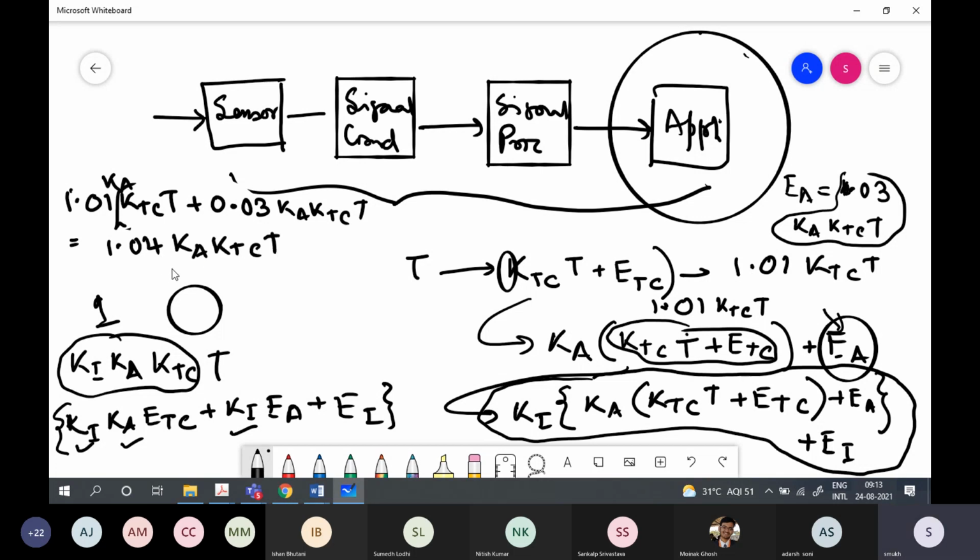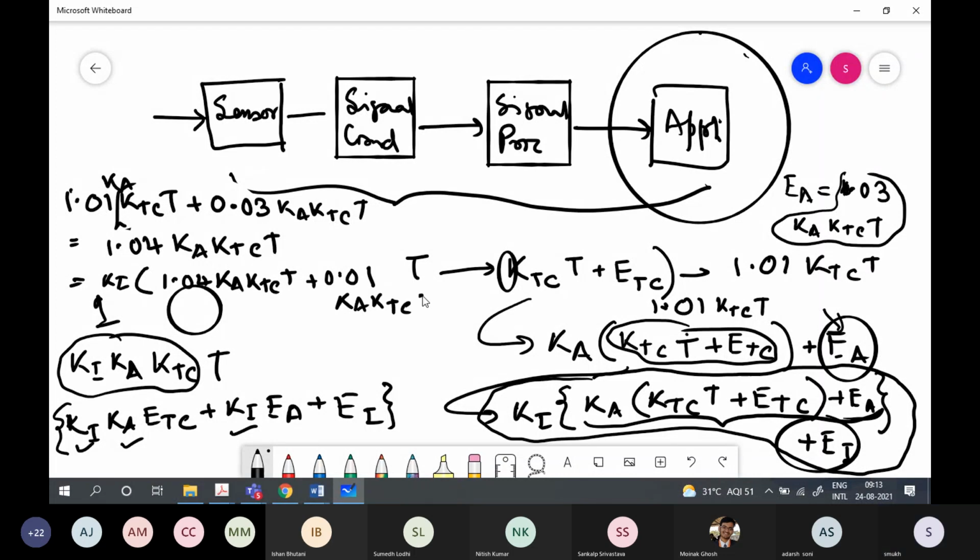Good. So now this is EI. Now this whole thing is 1.03 into KTC into T. So the same thing I do. Now I say KI times 1.04 into KA into KTC into T plus 0.01 into KA into KTC into T into KI into T, right?